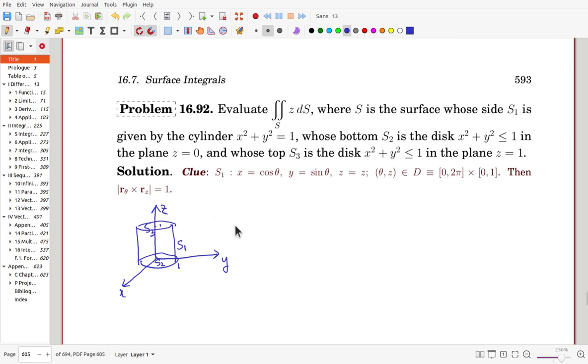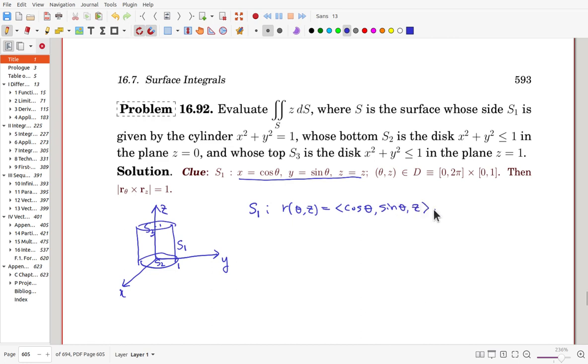Let's begin with S1. In the xy direction it is circular, so x is cosine theta, y is sine theta, and z is z. Theta is a variable, z is another one, the x component is cosine theta, the y component is sine theta, and the z component is z.